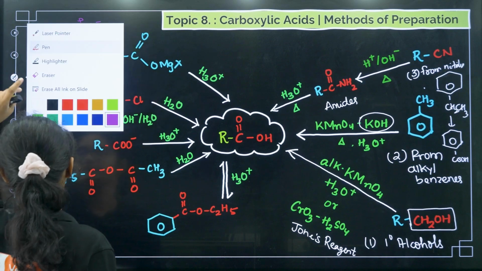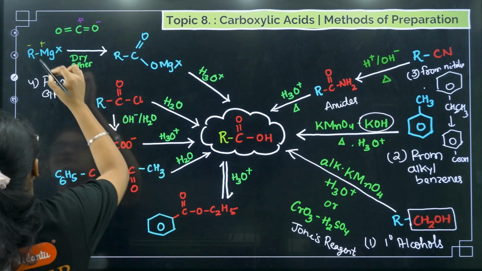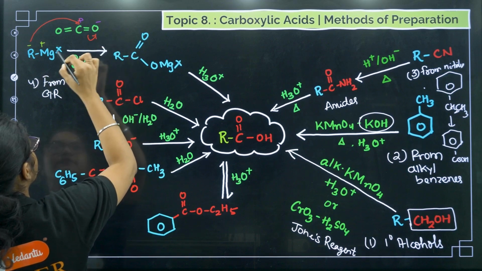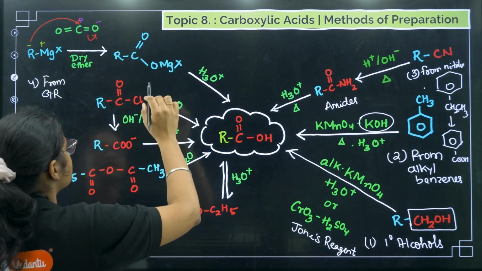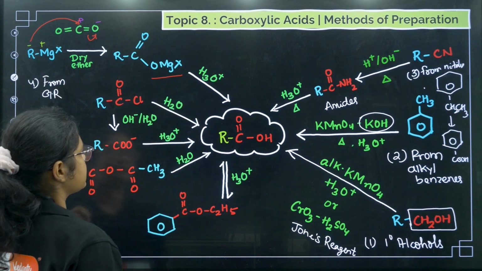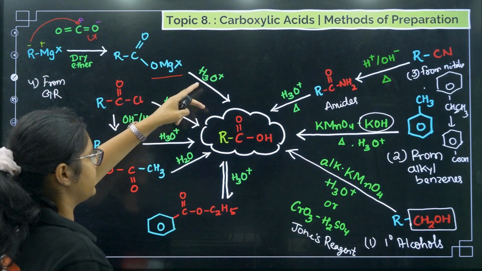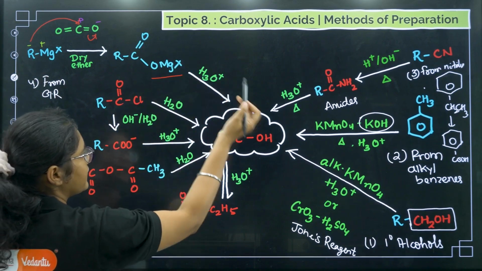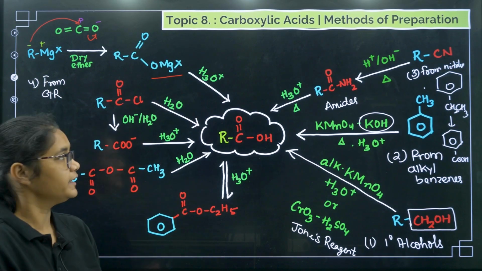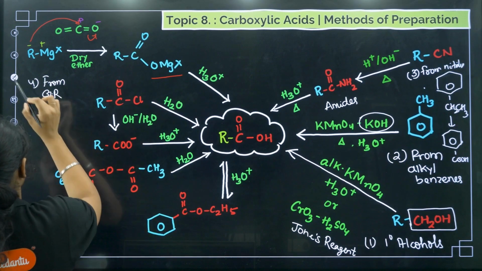Negative will attack on the positive. This R minus will attack on this carbon, this bond will shift here, and this O will take the MgX. So R attacks here, O takes OMgX. Then if you take H3O+, OMgX will get converted to OH, and we'll again get a carboxylic acid. Okay, so this is your fourth one.